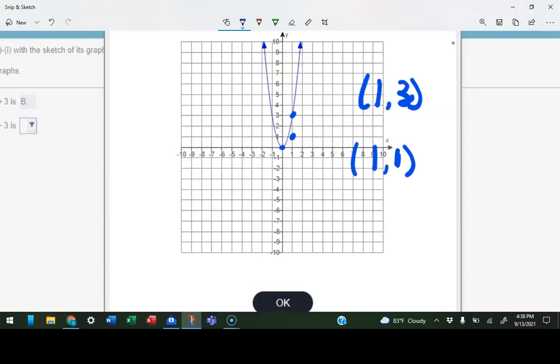So how do I move from a 1 to a 3? I multiply by 3. So what that looks like is a 3x squared. So your coefficient is a 3 because you grew this from a 1 to a 3. So you multiply by 3.